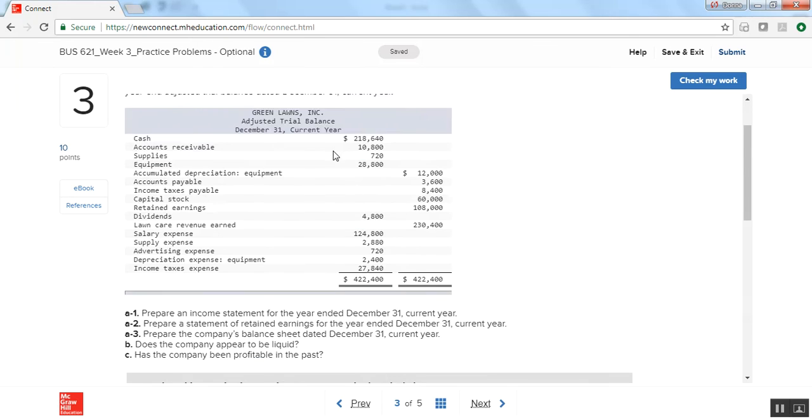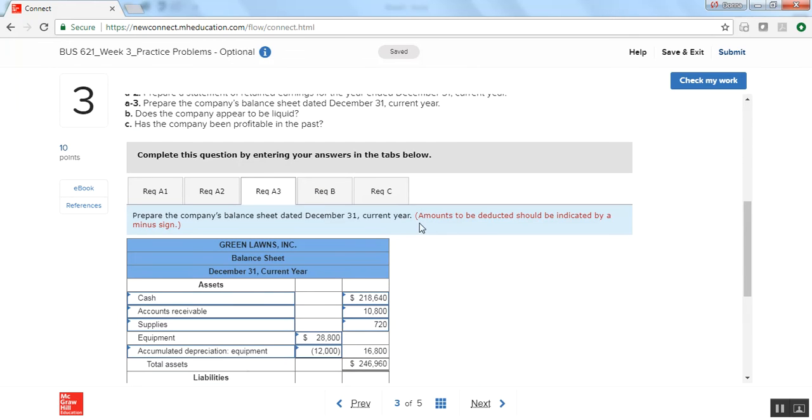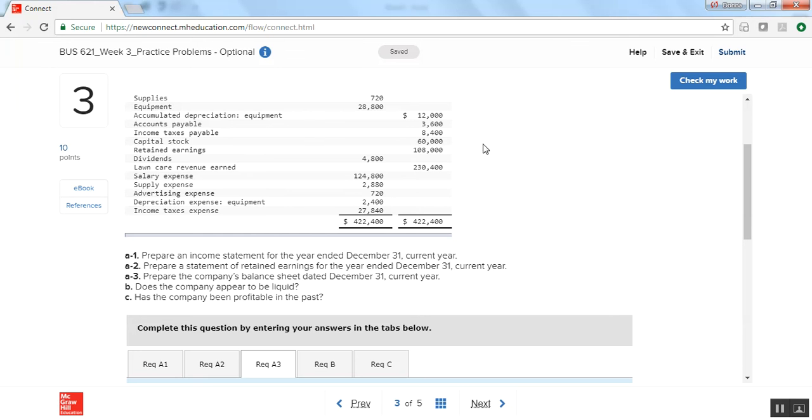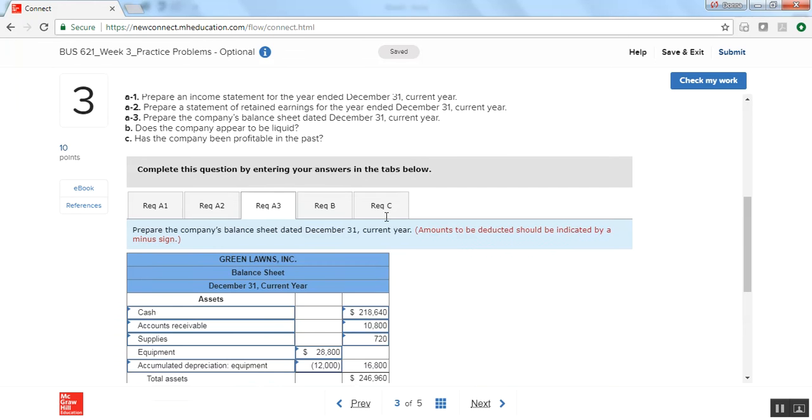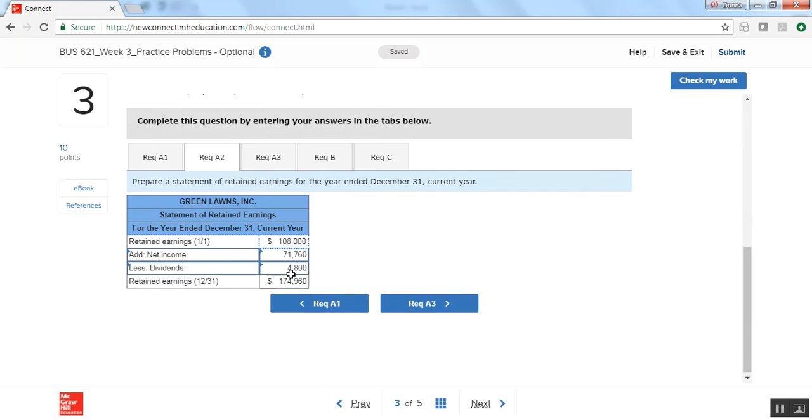And then we have our retained earnings. Now, we're not going to put in our original retained earnings. We need to put in the retained earnings that we calculated from our statement of retained earnings, because that's for the year ended December 31st. The 108 is at the beginning of the year.